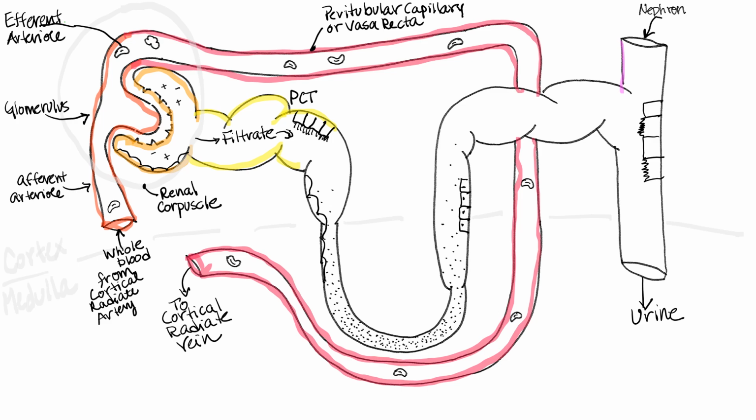The proximal convoluted tubule, it's not straight like this, it bends and twists, and it's covered with simple cuboidal cells that have lots of microvilli on them. Filtrate then descends through the descending nephron loop. This was once called the loop of Henle, so you might see that. This loop has simple squamous cells on it.